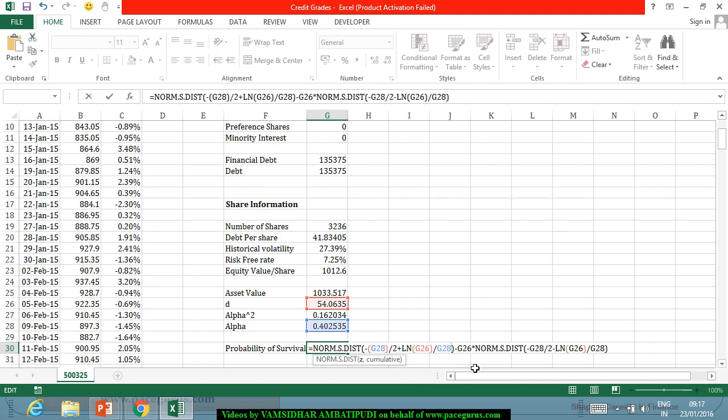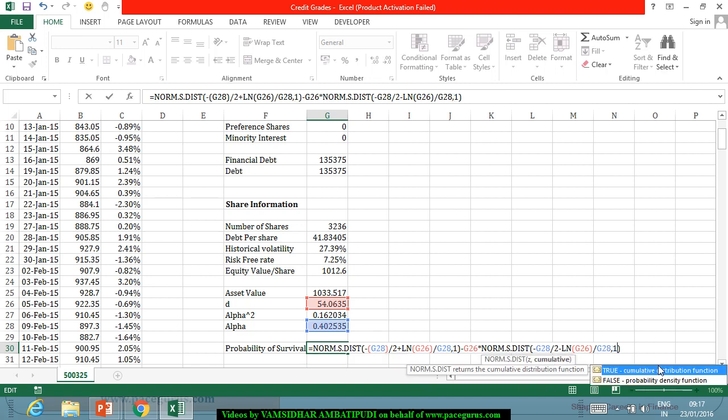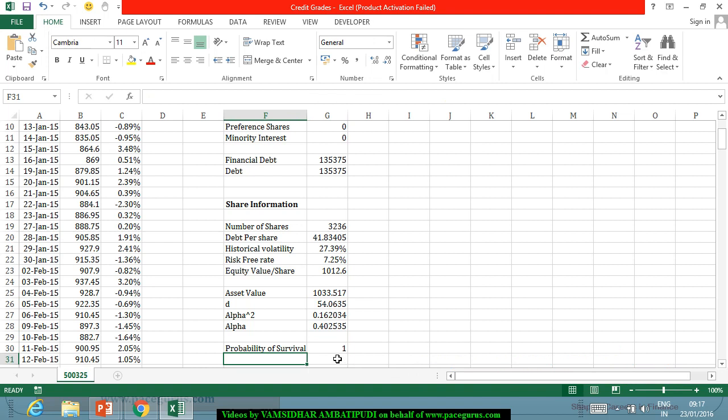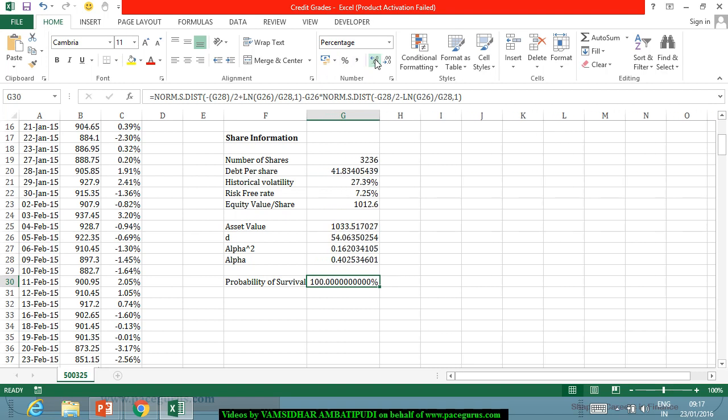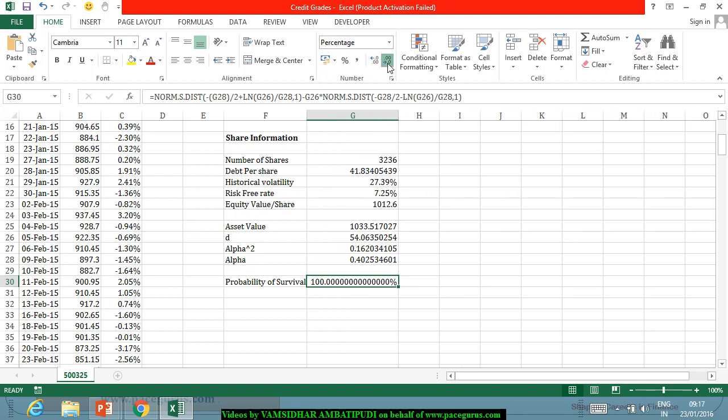So this entire value comma 1, even here I have to give comma 1. So the probability of survival is coming out very close to 1. Very rare that it is going away from there.